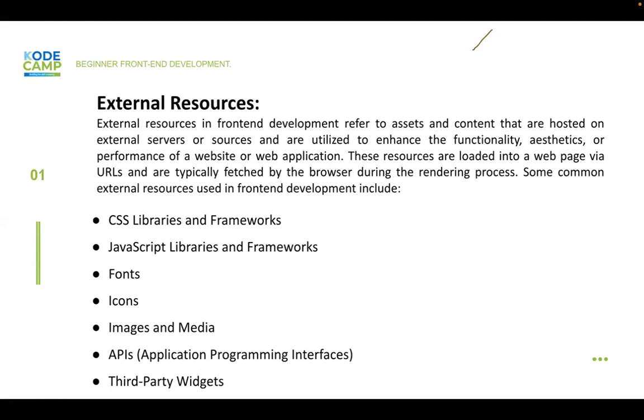And then we have CSS libraries and frameworks as an example of external resources. We have Bootstrap, we have Tailwind, and plenty like that. These libraries allow developers to achieve what they want very easily.